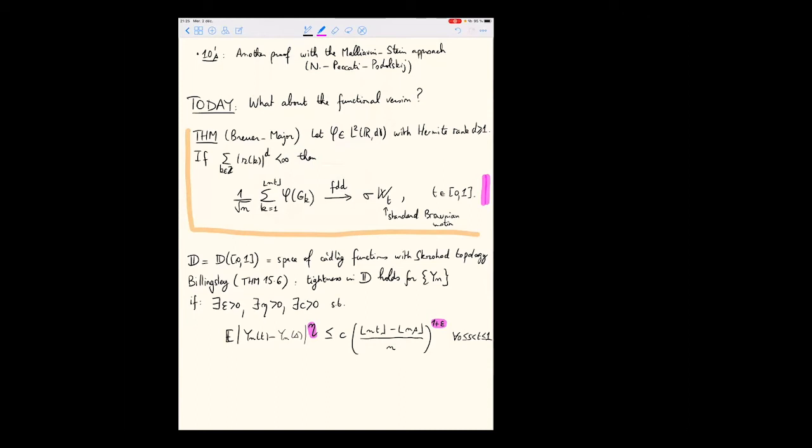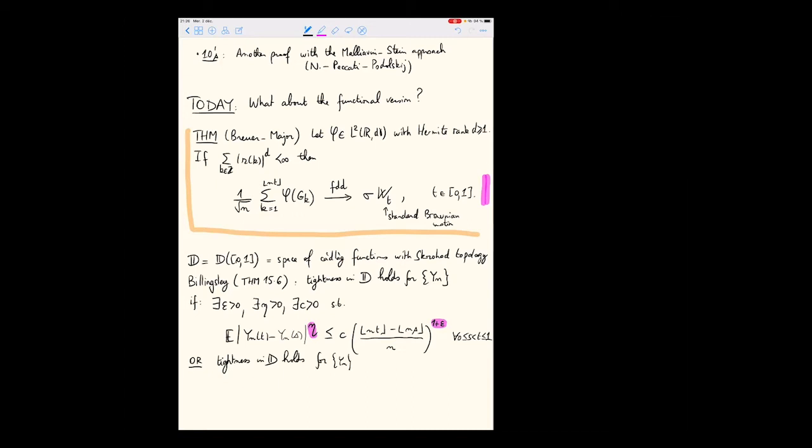So we can expect that if the limit is the Brownian motion, then 1 plus epsilon is given by eta over 2. And so, an equivalent way to remove these two parameters, we are going to check that tightness holds for Yn.